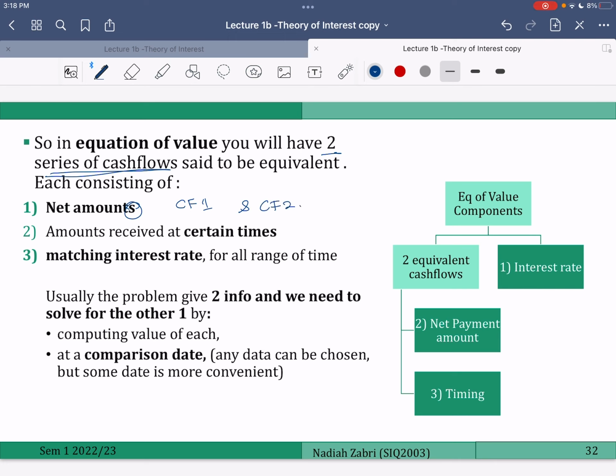Also, it will involve timing of those cash flows. So the timing for cash flow 1 and timing for cash flow 2. And then there are also interest rates. So both of our series of cash flow should follow the same interest structure. So maybe we can say they should follow the same accumulation function.